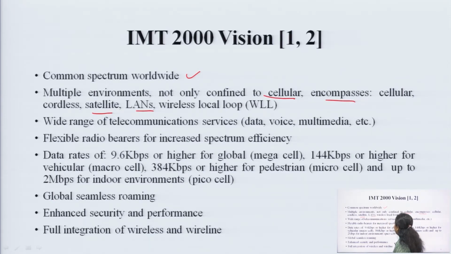It can be used for a LAN, that is a local area network, a network which is set up inside a building or a small area to provide internet connectivity, or to access any device connected to this particular network in an area. Let us say I want to take a printout from a printer; if it is connected to the LAN, you can easily take out the printout. So, all that is provided with better quality with IMT-2000.